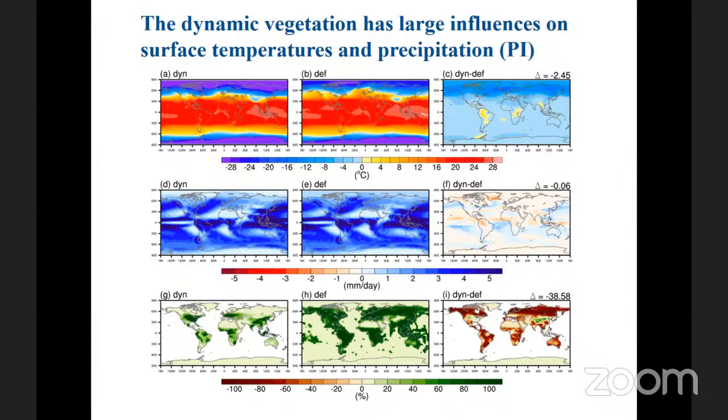Then the precipitation is also much lower. This value is for the daily precipitation. For the annual precipitation, it's about 21 millimeters per year. So the dynamic vegetation can cause about 21 millimeters lower precipitation.